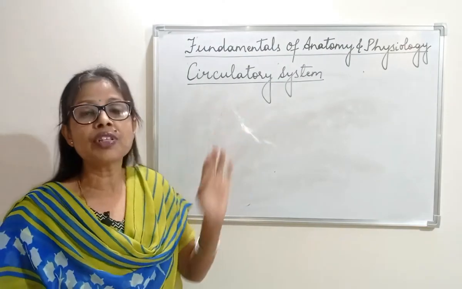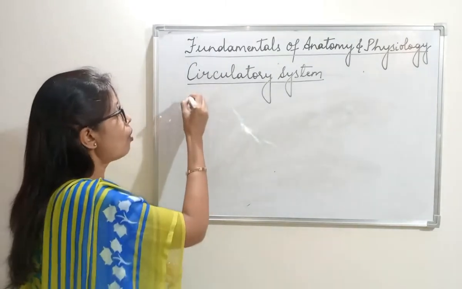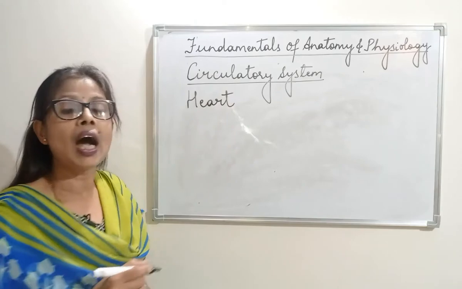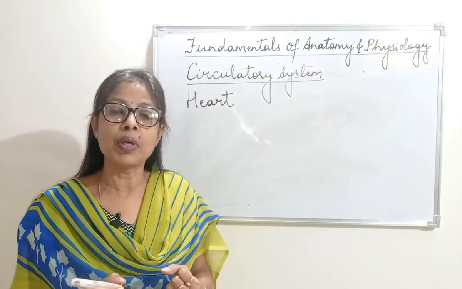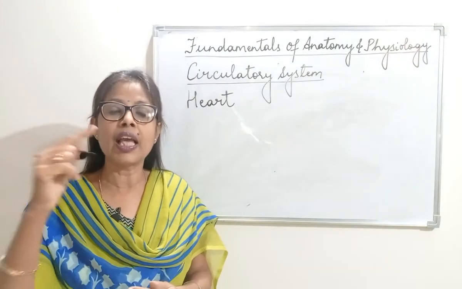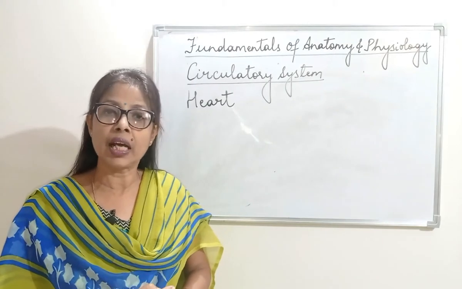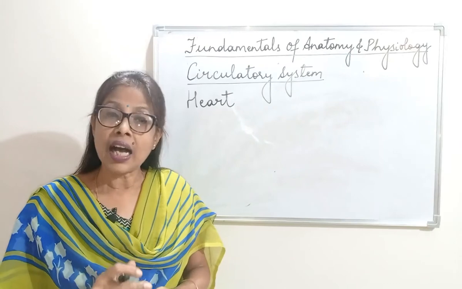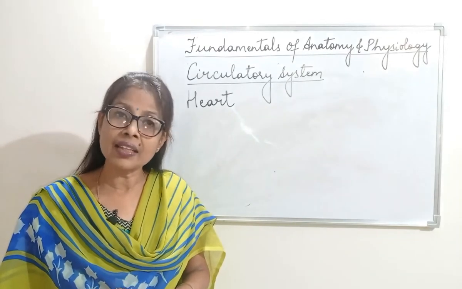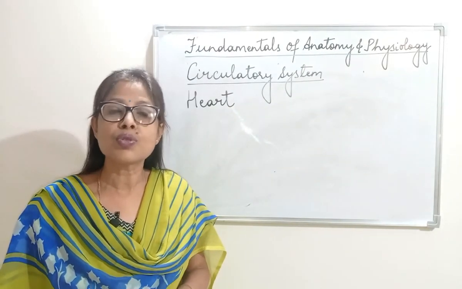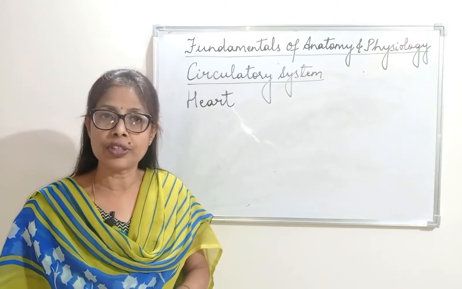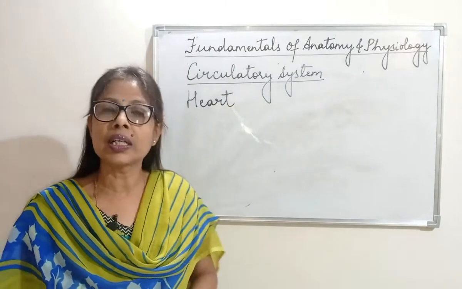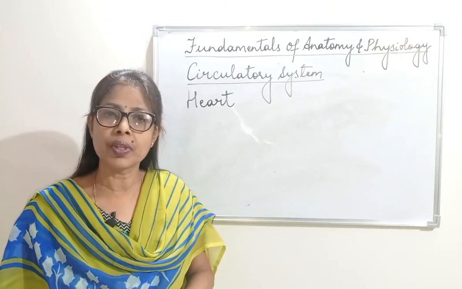The circulatory system, the main organ is the heart, because the heart acts as a pump which actually helps in movement of the blood in our body. Other than this, the arteries, the veins and the capillaries are also helpful in the circulatory system. So we will see how things work in the circulatory system.